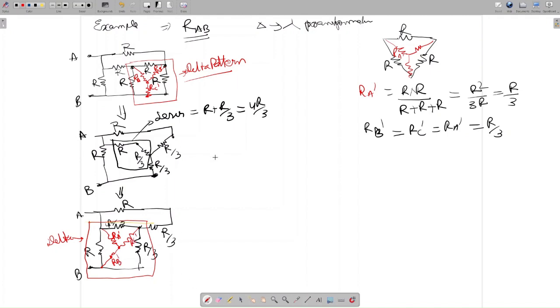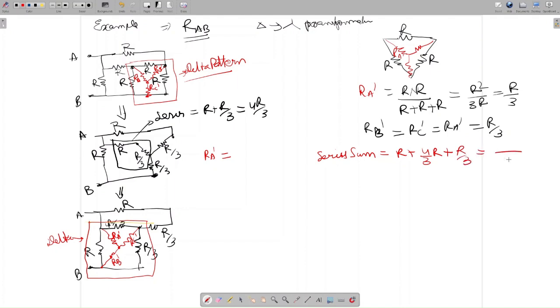So RA dash will be, first, the sum of the series sum will be R plus 4 by 3R plus R by 3.